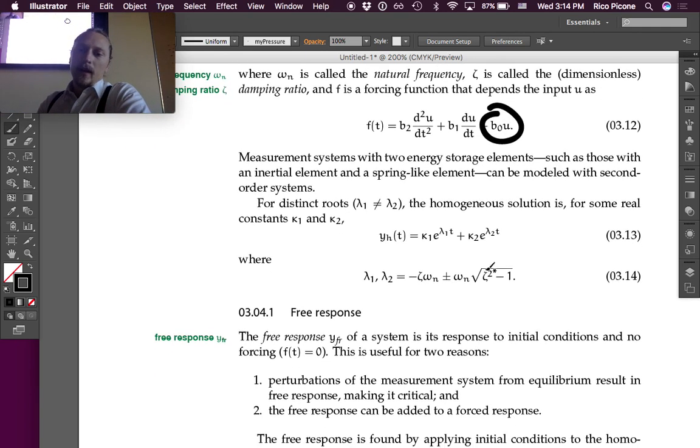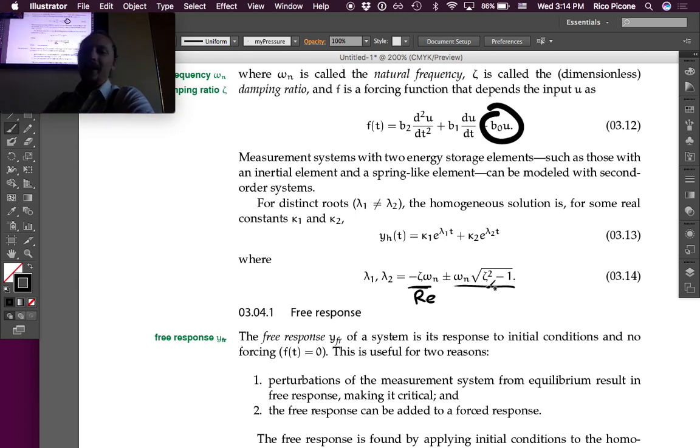So what we see is that the roots of the characteristic equation have a real part, and then they have this term, which could be imaginary. If zeta is between -1 and 1, notice that this square root is of a negative number.